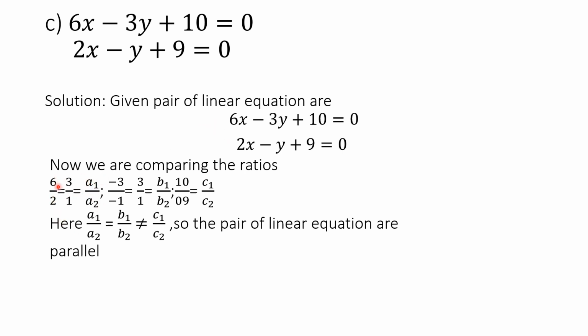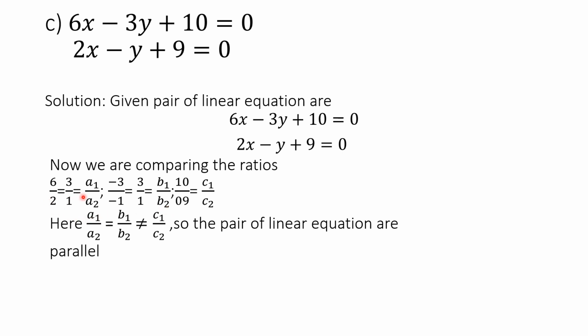Cancelling with the help of the table of 2, 2 threes are 6, so I got 3 by 1. So a1 by a2 is equal to 3 by 1. For b1 by b2, b1 is minus 3 and b2 is minus 1. The minus signs cancel, so I got 3 by 1 as b1 by b2.